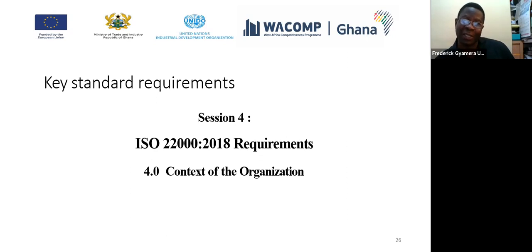You audit your system against these requirements and mark whether you comply or not, and then to a certain level, major or minor conformity or non-conformity. At the end of the day, they will conclude and say your system is good enough to merit or warrant you a certificate based on the ISO 9000 standard.